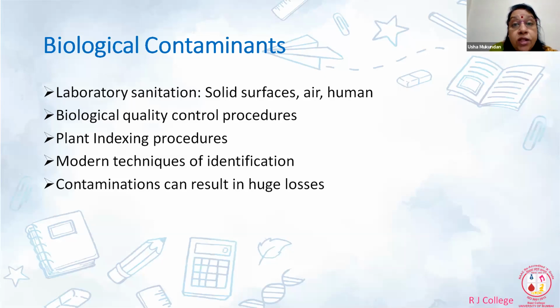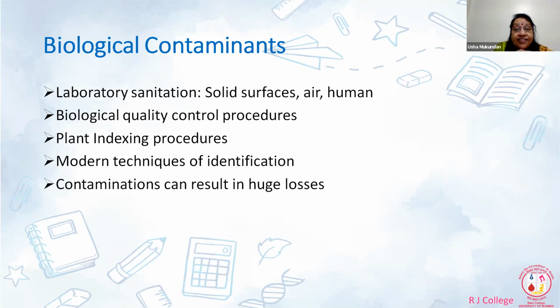However, all these will take care of only surface contamination. That means whatever contamination is present on the surface of the explant will die. But there are some contaminations which are systemic or endophytic.